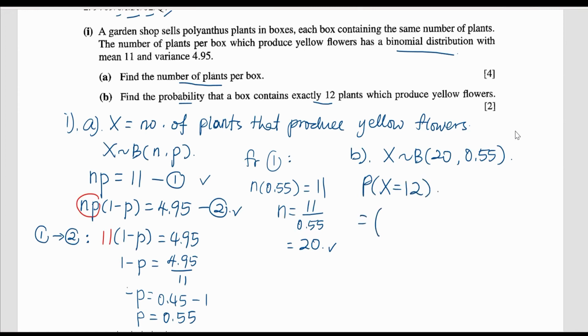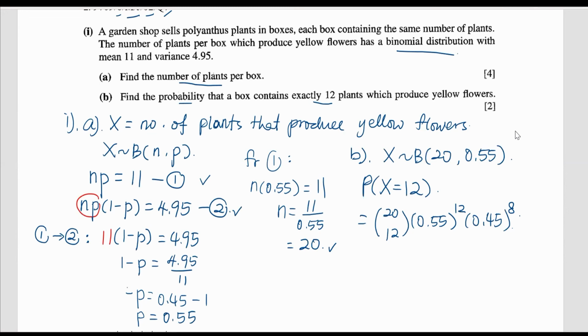So we have the formula 20C12, times 0.55 to the power of 12, times 0.45, that is 1 minus p, to the power of 8. That is n minus r, 20 minus 12, yes, it's 8.